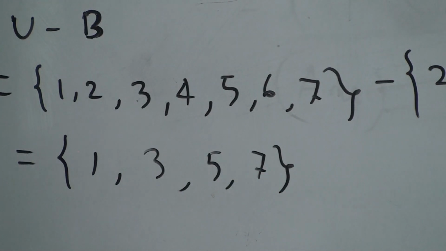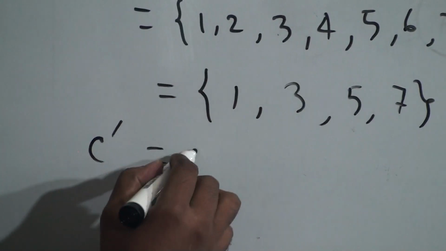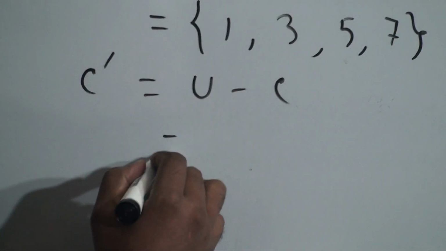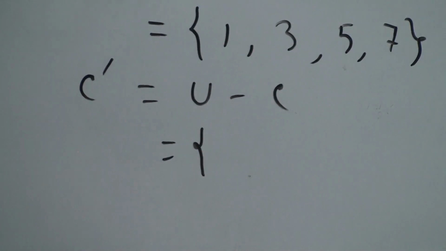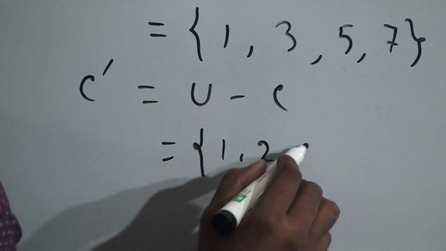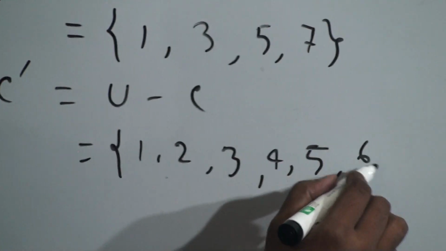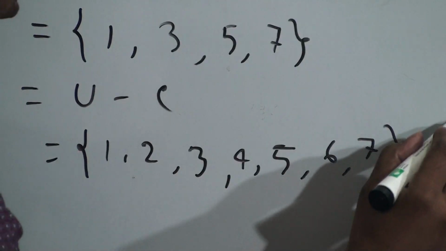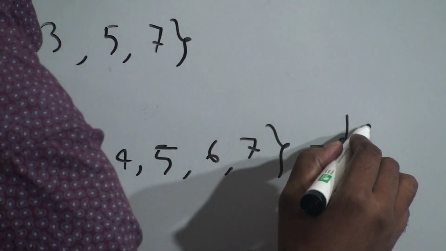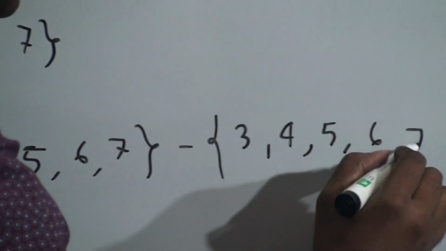Now we'll find out the value of C prime. C prime is equal to U minus C. Now U is equal to 1, 2, 3, 4, 5, 6, 7 minus the value of C, 3, 4, 5, 6 and 7.